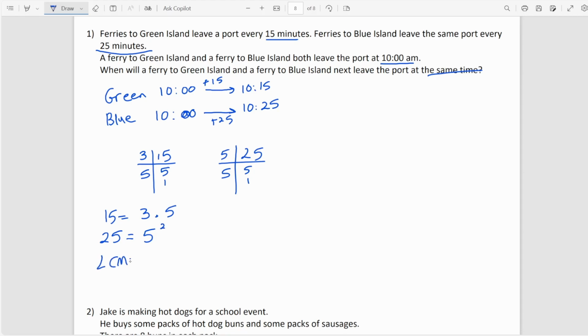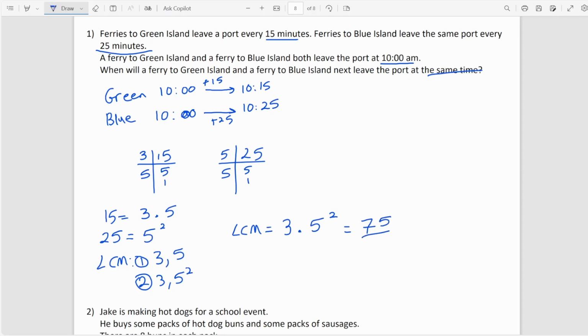So for the LCM, I'm going to select all the numbers, so 3 and 5, and the highest power for each number, so 3 and 5 to the power of 2. So the LCM is going to be 3 times 5 to the power of 2. This is 25 times 3, 75.